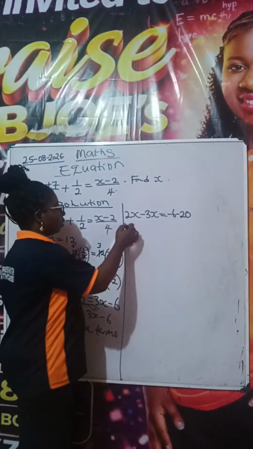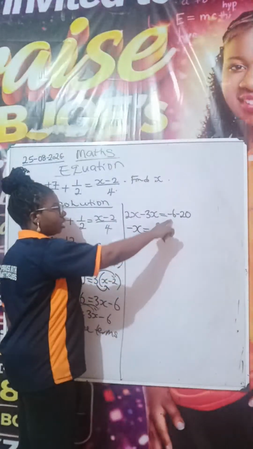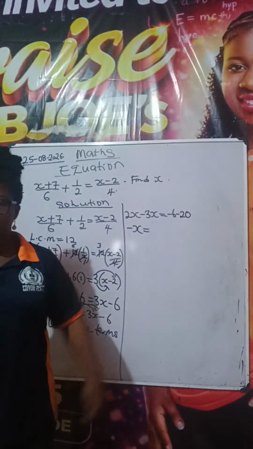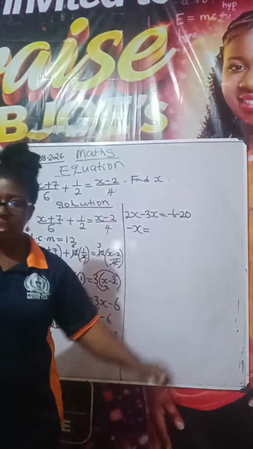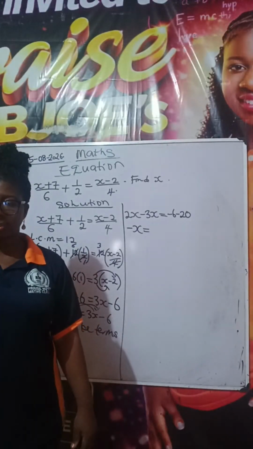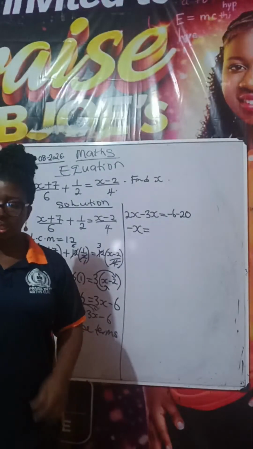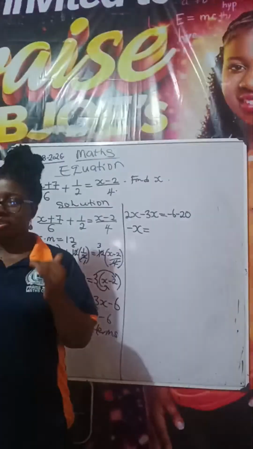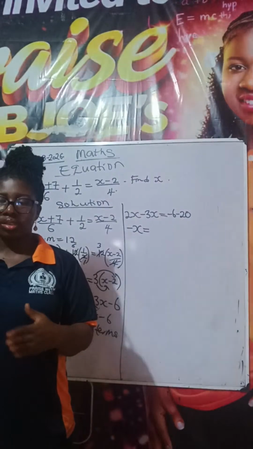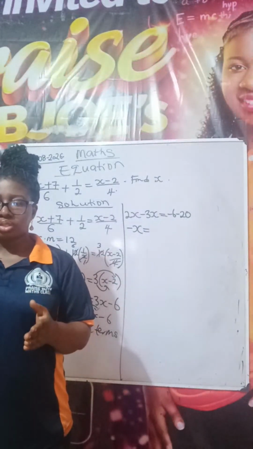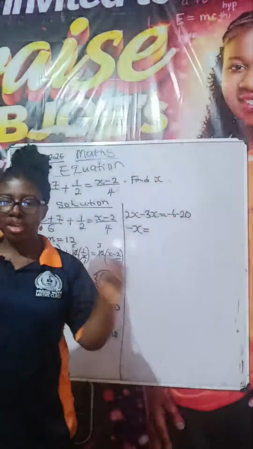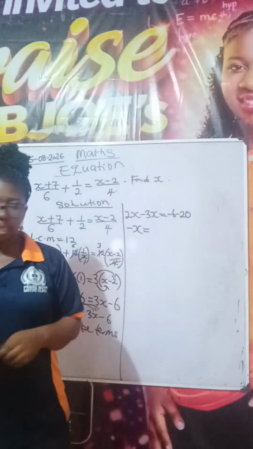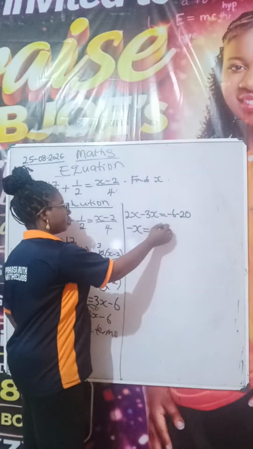So that will give you minus x equals to minus 6 minus 20 is what? If you said plus 26, it's not really correct, because when you have minus minus, you add them together and keep the sign. Okay, so that will give us minus 26.